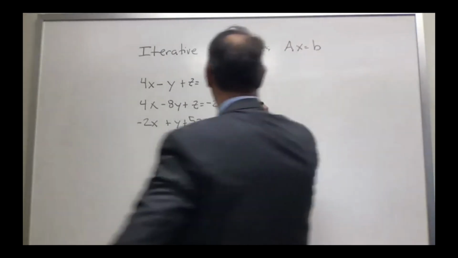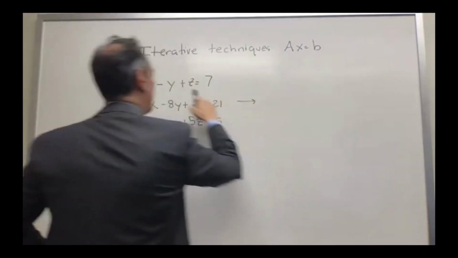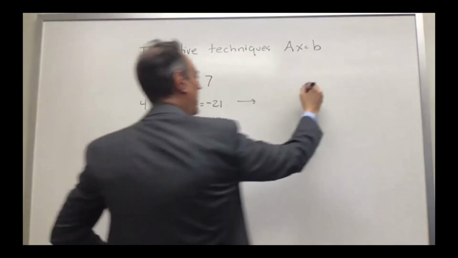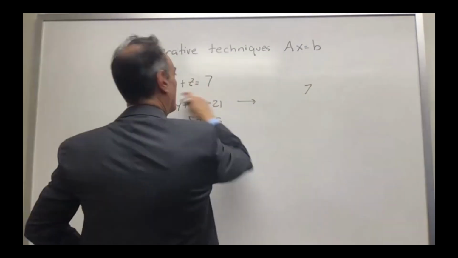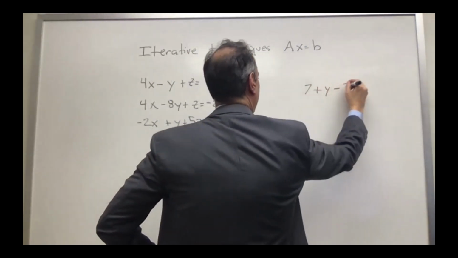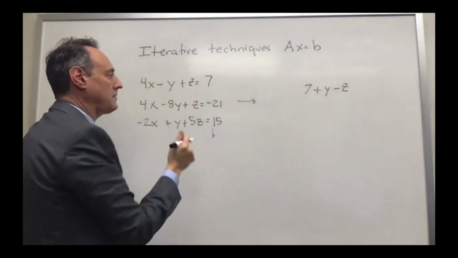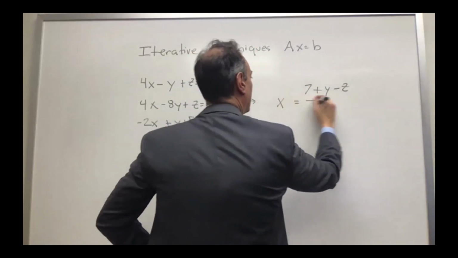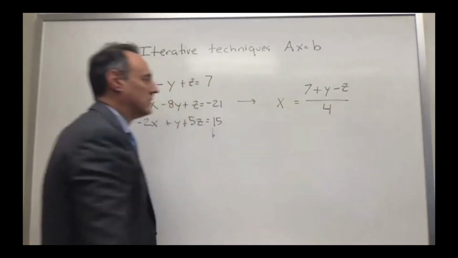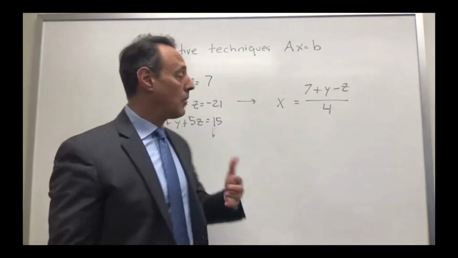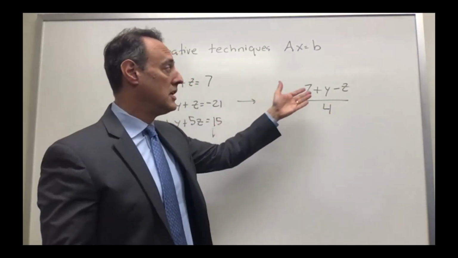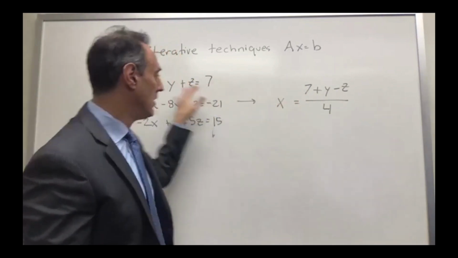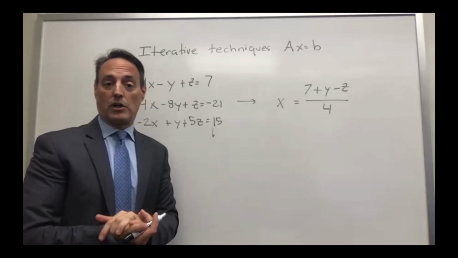So what's going to happen here? From the first equation, solving for x, that means I move the y over and the z over. So I get 7 plus y minus z, and then I divide by 4. Now, of course, I don't know what y or z is. But I just rewrote that equation, and I think we'd all agree that that works.